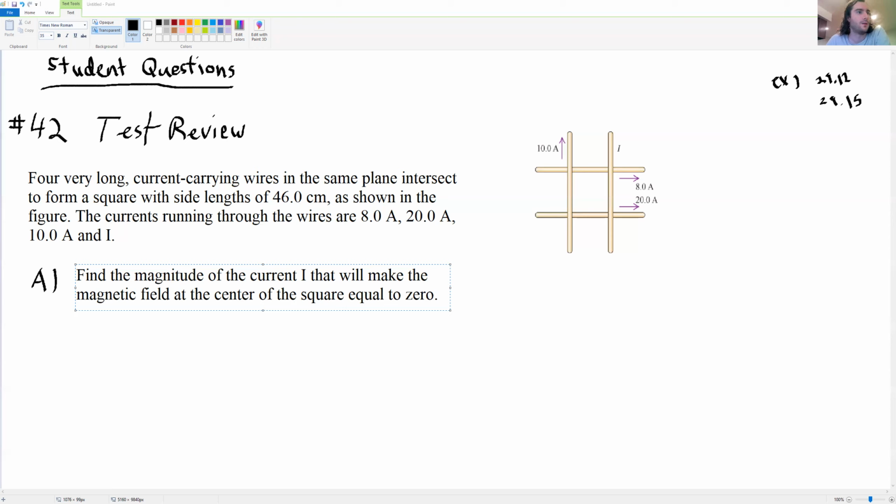Okay, that's good for part A. Now part B, what is the direction of the current?